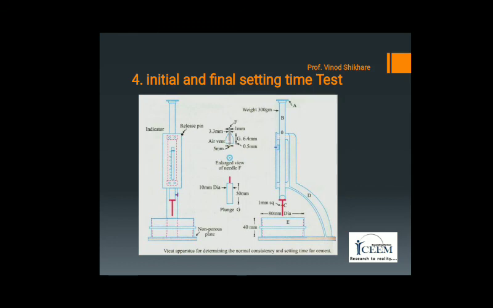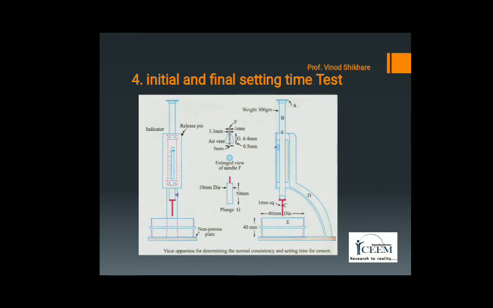The needle is quickly released and it is allowed to penetrate the cement paste. In the beginning, the needle penetrates completely. It is then taken out and dropped at a fresh place.